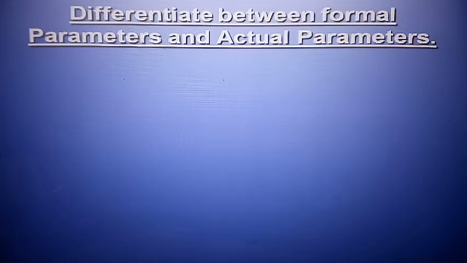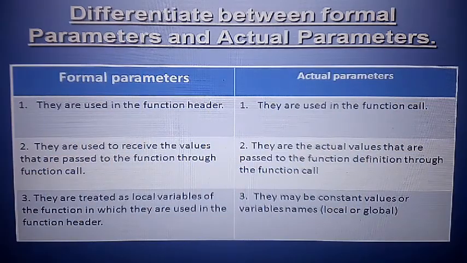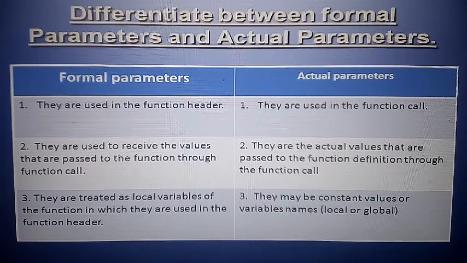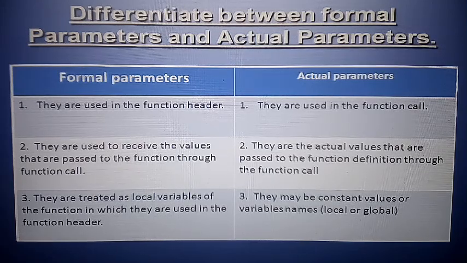After that, the difference between formal parameter and actual parameter. Formal parameters are used in the function header, and actual parameters are used in the function call. It means the actual parameter calls the function and the formal parameter holds the value.